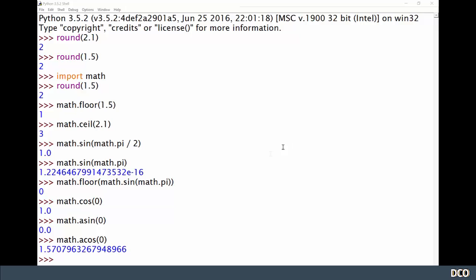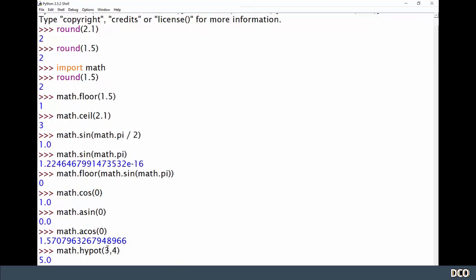So we can check this by doing math.hypot 3 and 4, and we're going to get back 5, because 3 squared is 9, 4 squared is 16. Add those together, you get 25. Square root of 25 is 5. This function is also useful for finding resultant vectors in vector algebra as well.